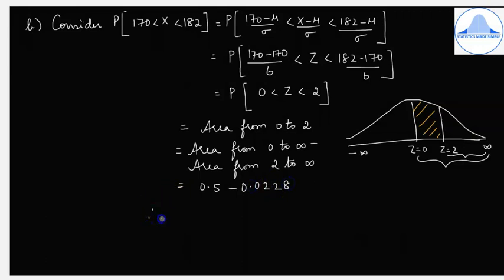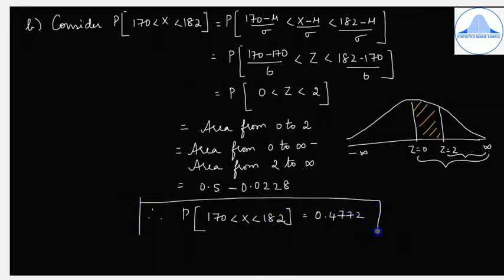So finally, the probability of 170 less than x less than 182 is equal to 0.4772. This is an important and sure question in section E. Do practice these kinds of problems.